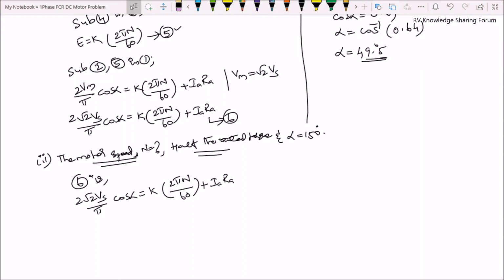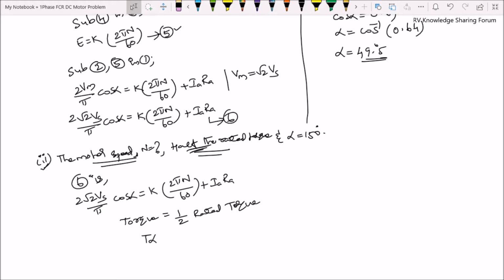Here the torque value for this is half the rated torque, that means 1 by 2 rated torque. See here, in the condition 2, the torque is equal to half the rated torque.